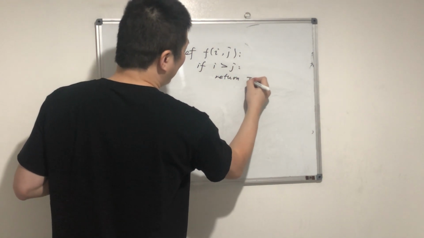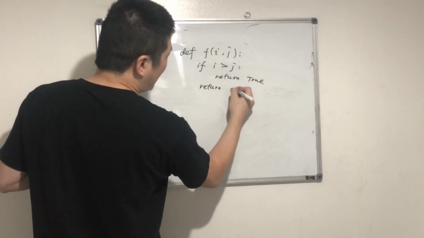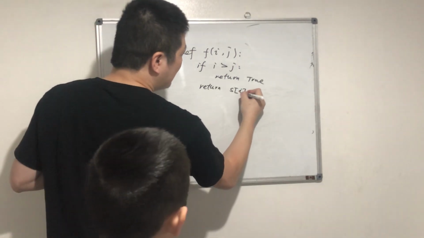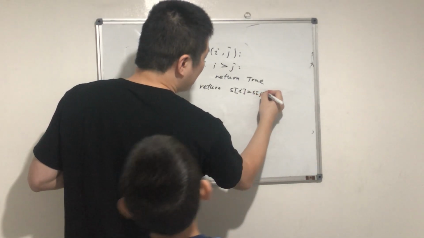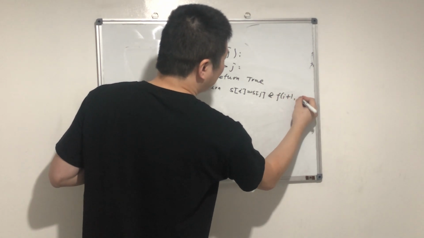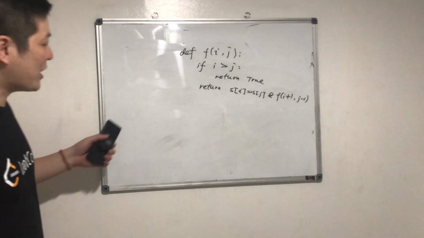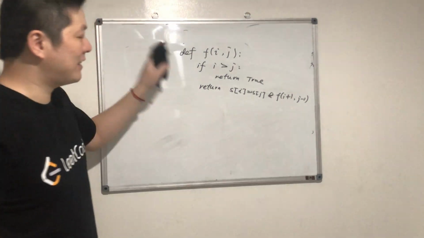I tell you why. Else I return whether Si equals Sj and Fi plus 1, j minus 1. So look, what's missing in here?